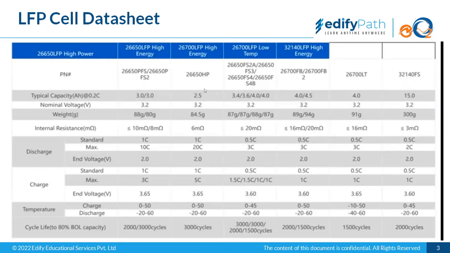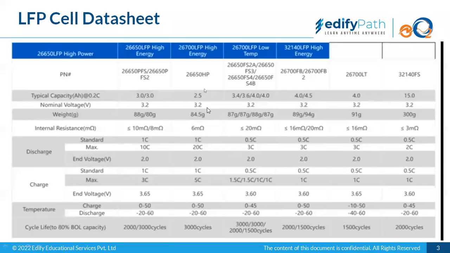So this is what we have studied about the NMC battery. Now we see LFP cells. You can see the geometry of the LFP cells is much bigger when you compare it with the normal NMC cells. These are all cylindrical cells that we are discussing right now.